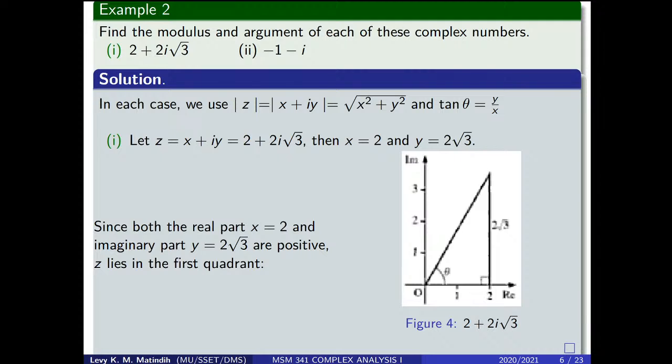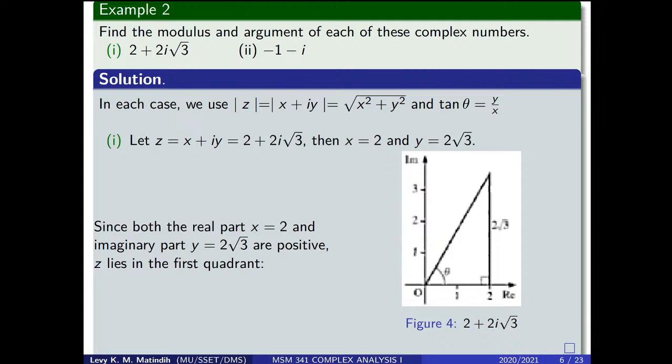Now, if we let this given complex number in 1, which is 2 plus 2i times the square root of 3, be z, then comparing it to z equals x plus iy, our real part x is equal to 2, and our imaginary part y is equal to 2 times the square root of 3.